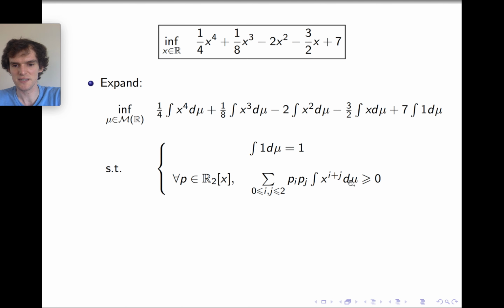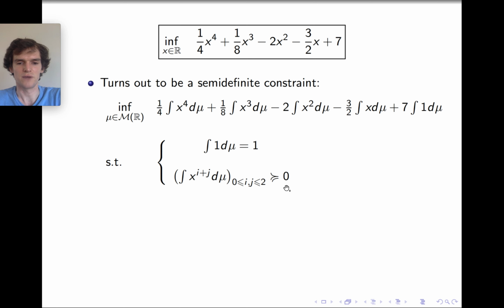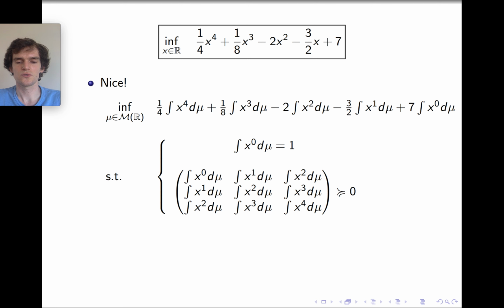If you view this as the term ij of a matrix, then this is none other than a positive semi-definite condition on a matrix. And so we can write it like this. This is what we did in the last lecture, this kind of notation here. And since the indices are all from 0 to 2, I can actually explicitly write this matrix.